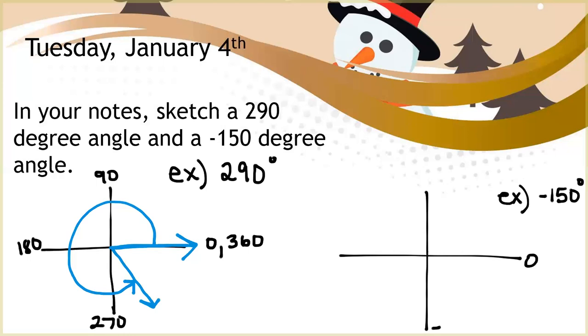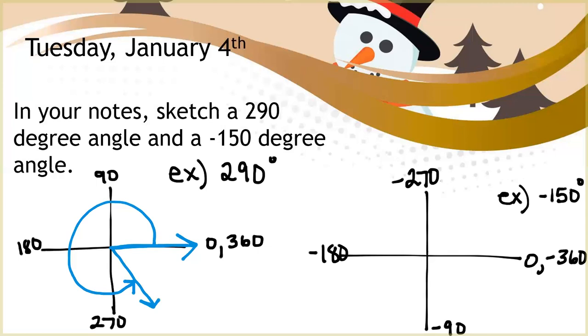And then down here would be negative 90. And this is negative 180. Negative 270. And 0 again has 2. It's also negative 360. So negative 150 degrees would fall in quadrant 3.